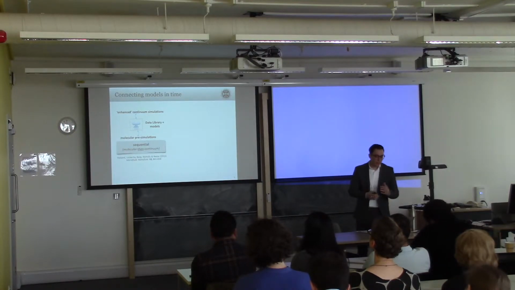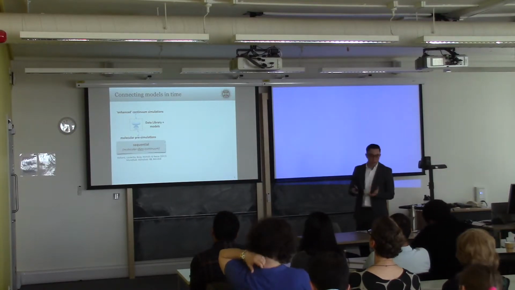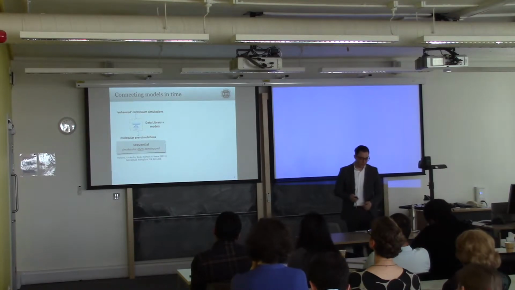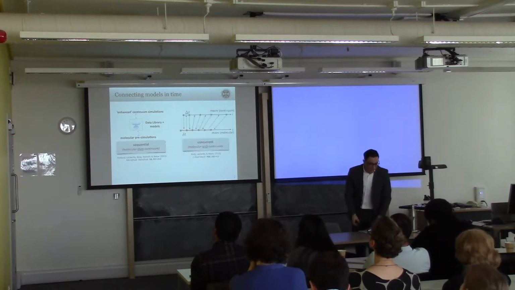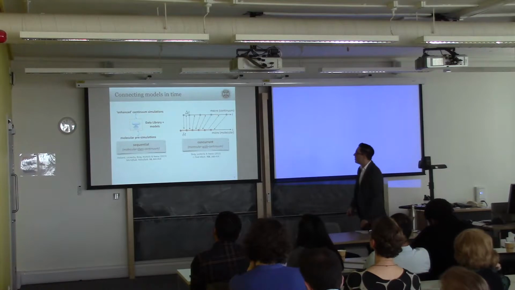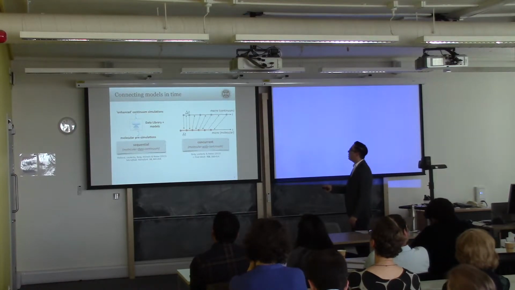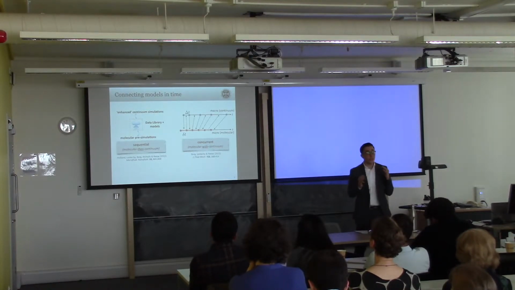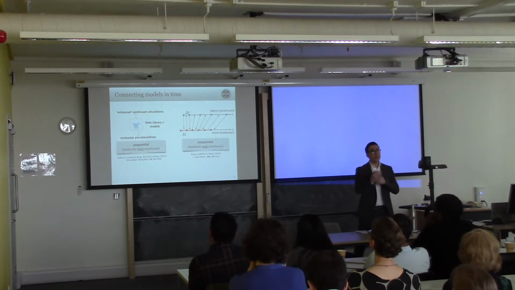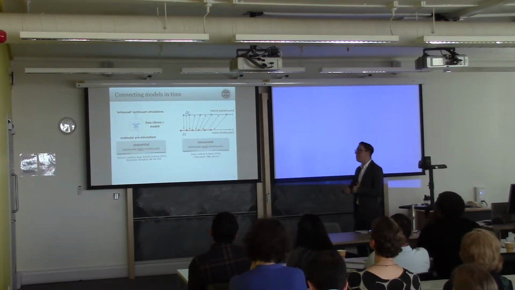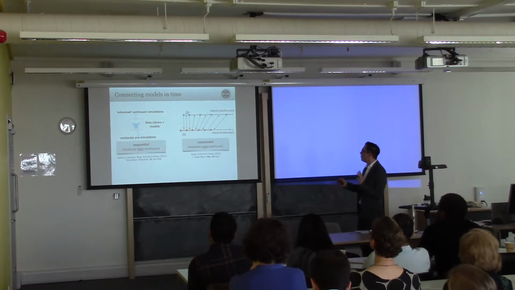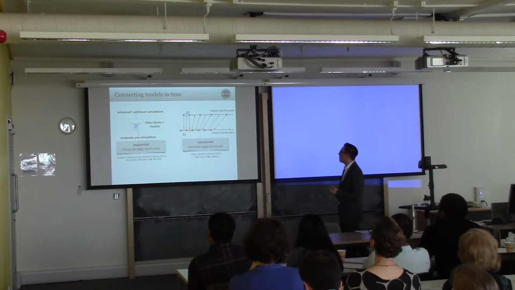If you're an experimentalist, you can do this as well by replacing the molecular simulation with an experiment. So that has advantages and disadvantages. The second approach is called concurrent, where you have all your models running at the same time, passing information and producing your macroscopic solution at the end of it. So here I've shown two timelines for this concurrent approach.